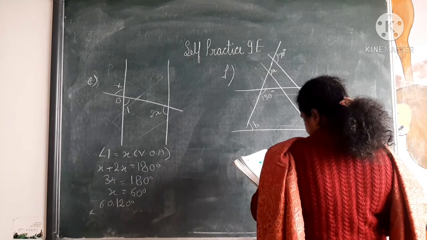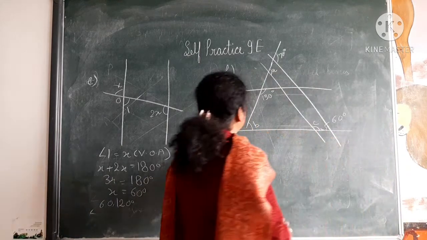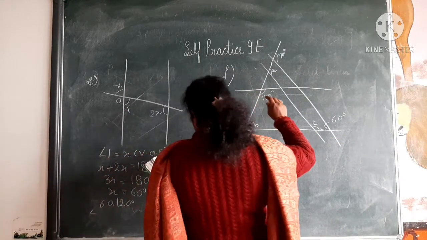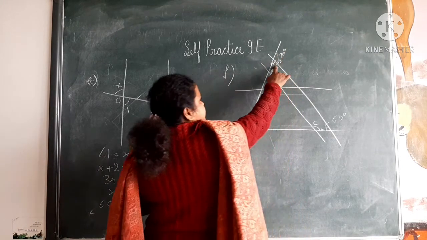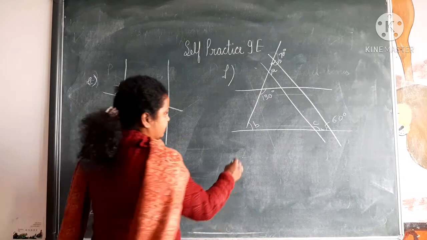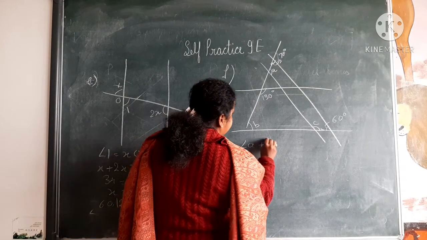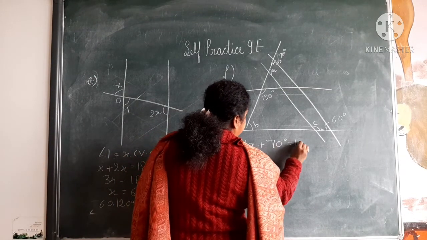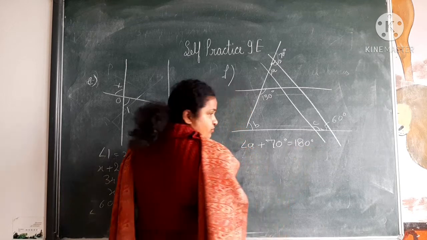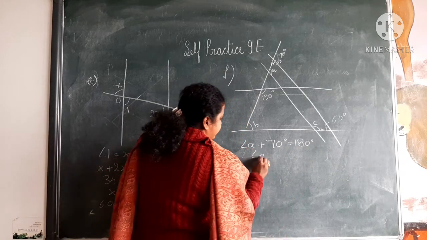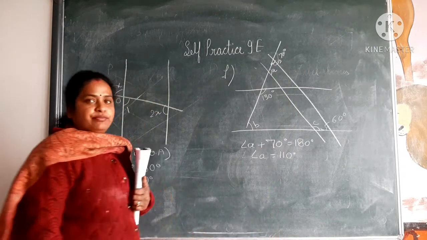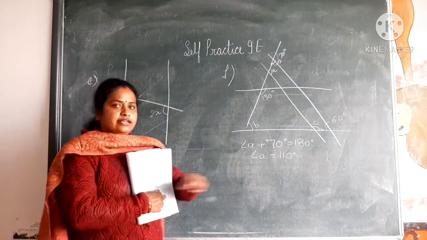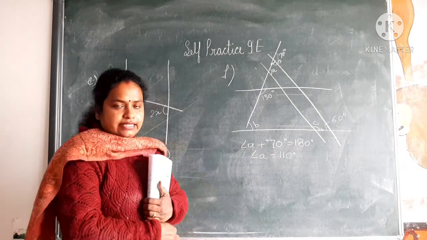Now see. This and this two are in co-interior. So angle A plus 70 degree is equal to 180 degree. Because of co-interior angle, angle A will be equal to 110 degree. Because the sum should be equal to 180. So 110 plus 70, 180 degree.